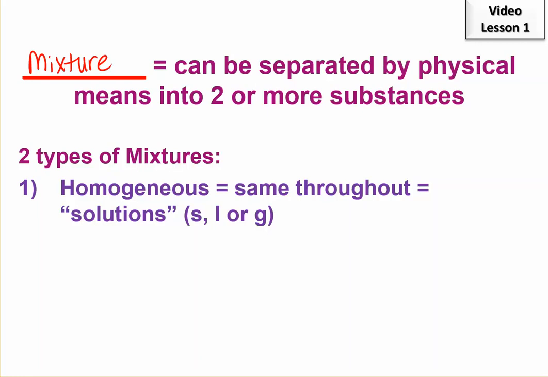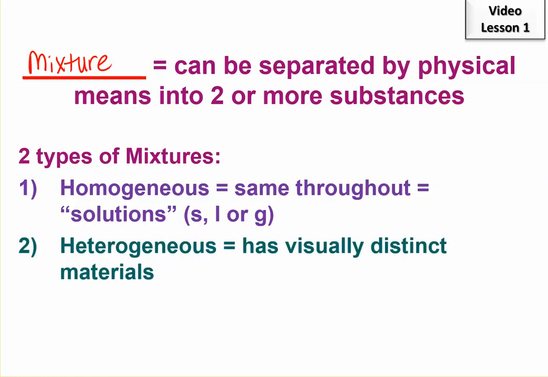A lot of times that's what we think about. But they can be solid, liquid, or gas. Like the air, you could say, is a solution of oxygen, nitrogen, and a few other substances. Heterogeneous means that you have distinct materials. In other words, like cottage cheese, Italian dressing, you can see different types of materials present.